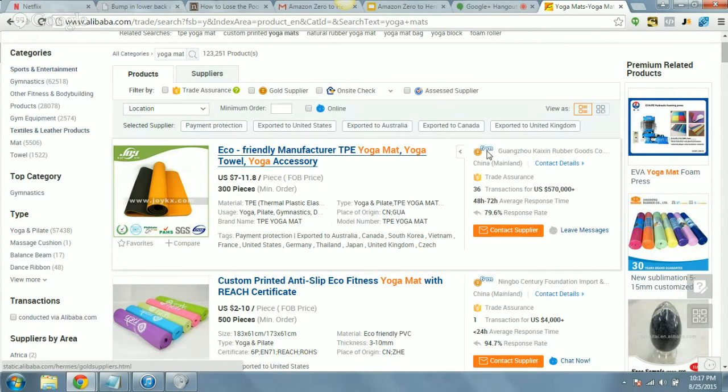For example, this person has been here 5 years. They've had over 500,000 in sales between 36 transactions. Of course, there's been more because not everything is done through Alibaba; a lot of it's done through PayPal and bank transfer. But it lets me know that they're doing business.